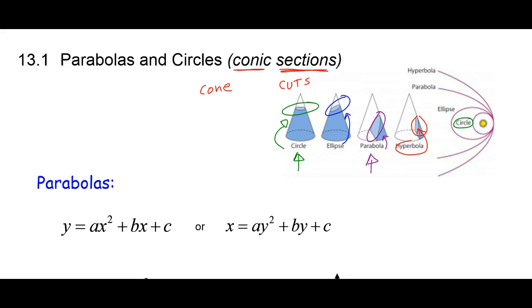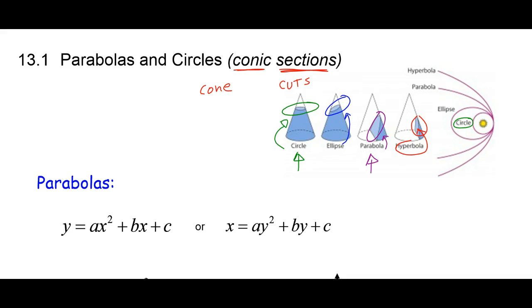Parabolas are something we've already seen in a couple of different ways before, and circles are definitely practical, like wheels, gears, the round things are a very common part of life all over the place. Ellipses, hyperbolas, not nearly as common, not nearly as practical. So we'll start with parabolas because we've already studied them in the past, and we're going to change things up a little bit.